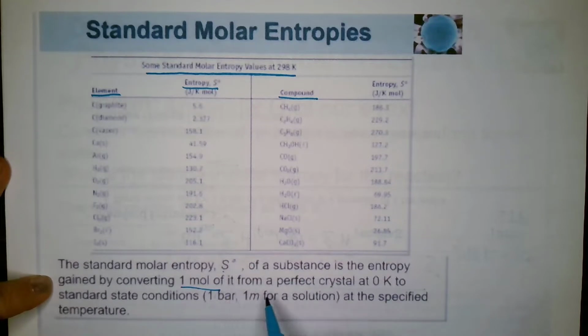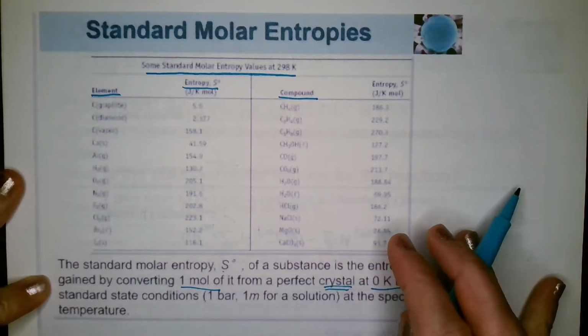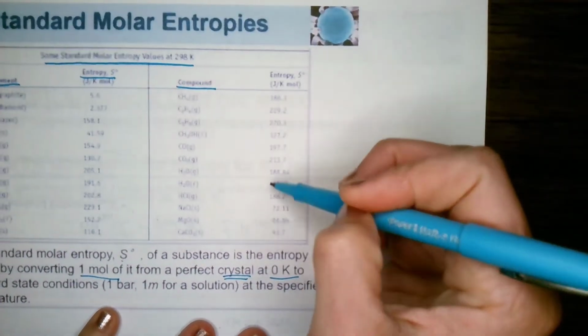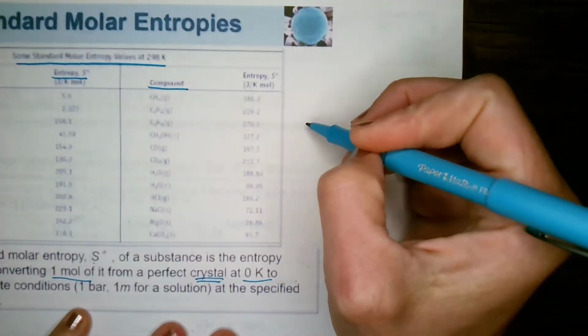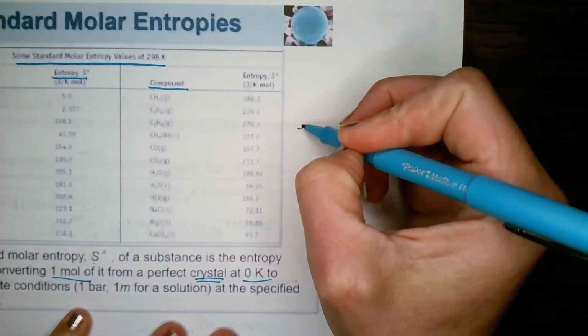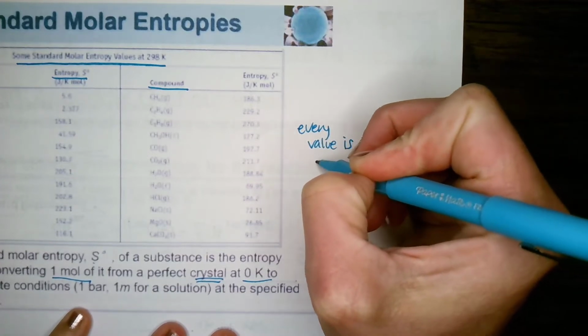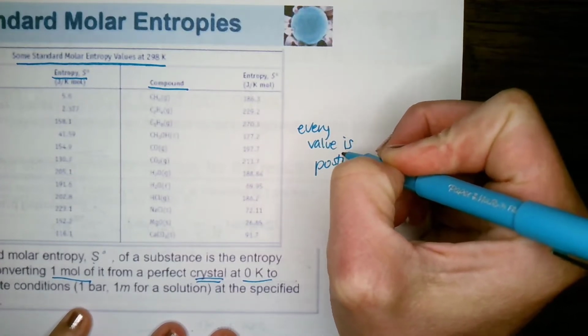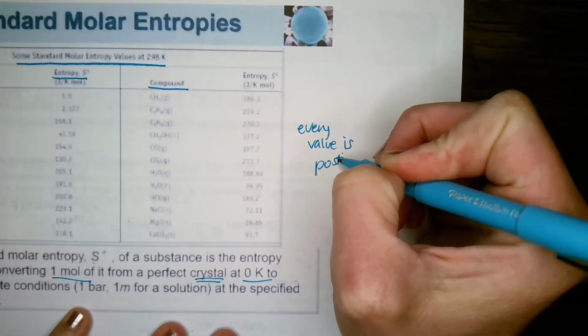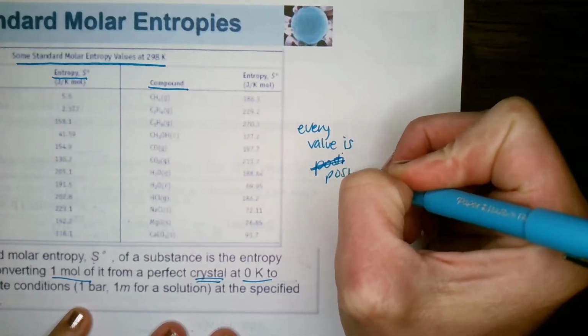Remember that the standard molar entropy of a substance is the entropy gained by converting 1 mole of it from a perfect crystalline solid, or whatever state it is at 0 Kelvin, to standard state conditions. One thing to notice is that every one of these values is positive.